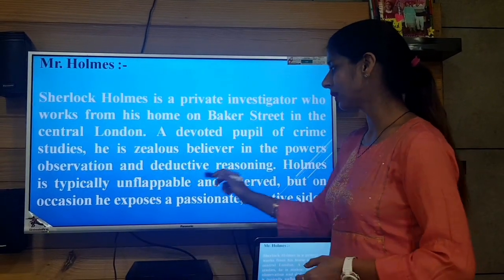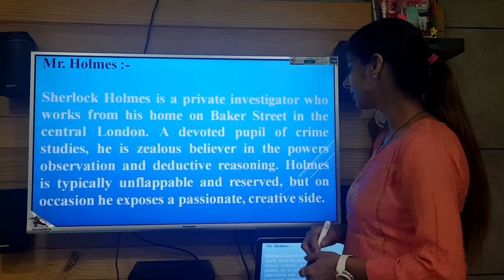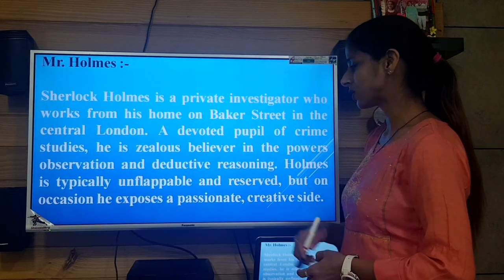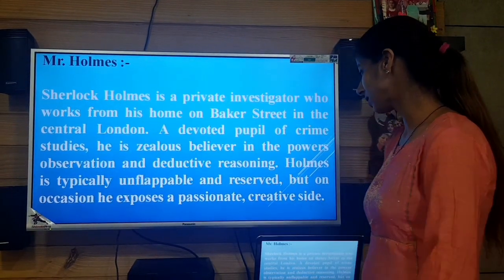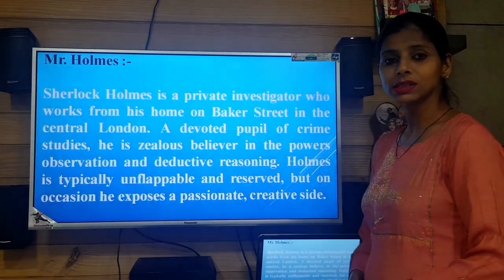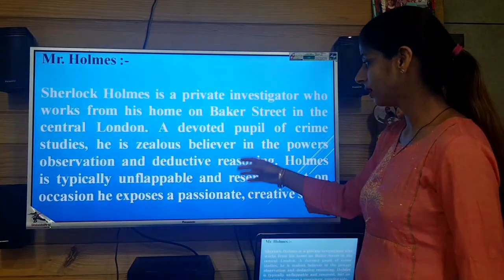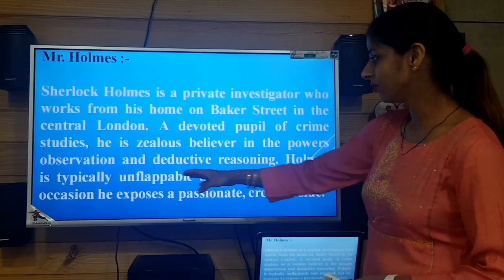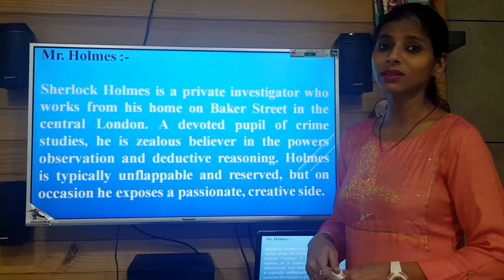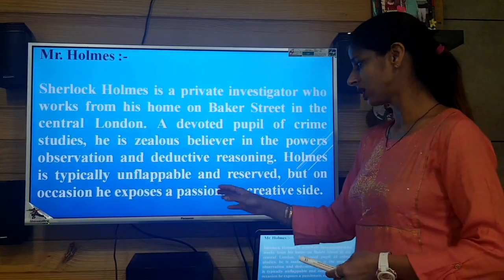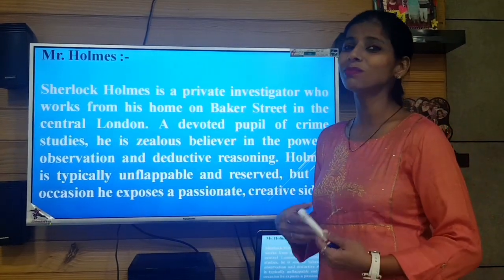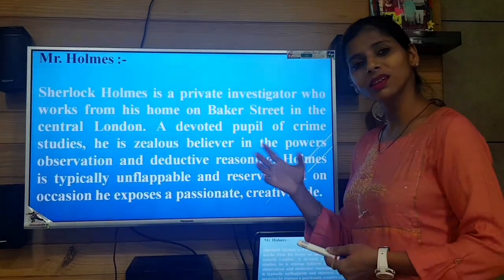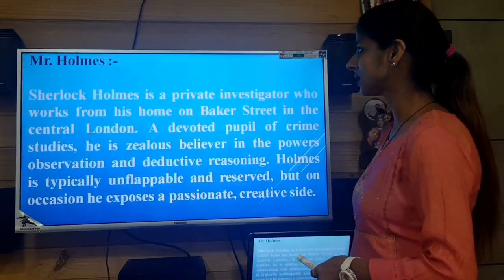Holmes is typically unflappable and reserved, but on occasion he exposes a passionate creative side, right? So here was your answer for Sherlock Holmes. Unflappable means he was quite rigid, but occasionally he was expressing himself as a passionate person. The other way around, the flip side of the personality, right?